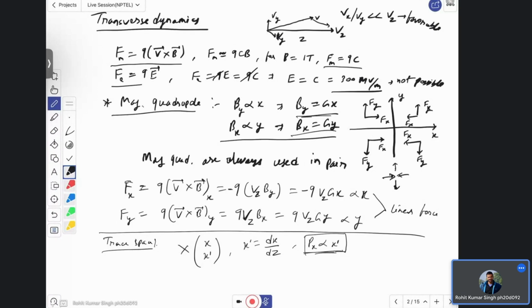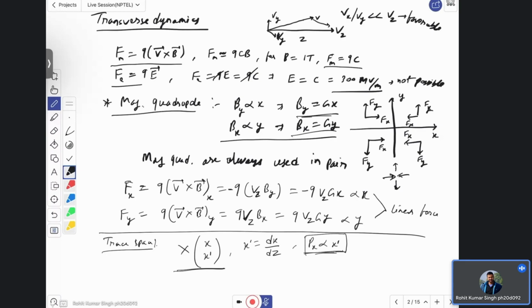Okay. So we have these coordinates for trace space, and now what we can do is have a matrix formulation for free space, where there is no field to focus, and for when there is a quadrupole field, to see what will happen to the coordinates of the particles.